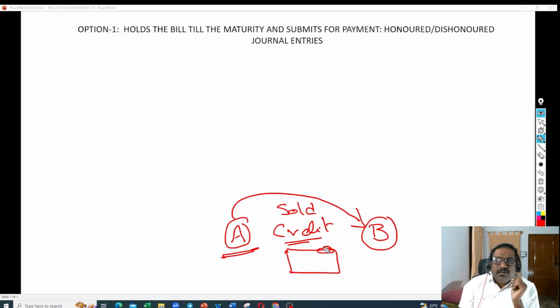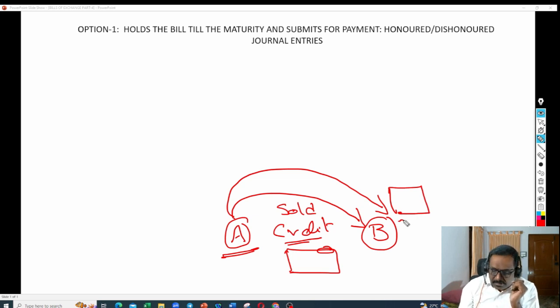You are supposed to pay me this amount. Make sure that you make this payment either to me, or to the order of the person, or to the bearer of the instrument. Like that he will write the bill and send that bill to B.